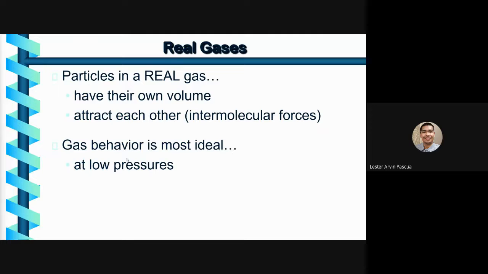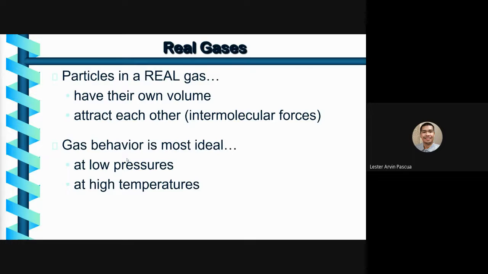Tapos, in the real world, nagmumukha lang ideal gas yung mga dinescribe natin kaninang slides, no? Nagiging ganun lang or nagiging similar lang to that properties ang ating real gases kapag ang gases mo ay in low pressure at in high temperatures. Okay?